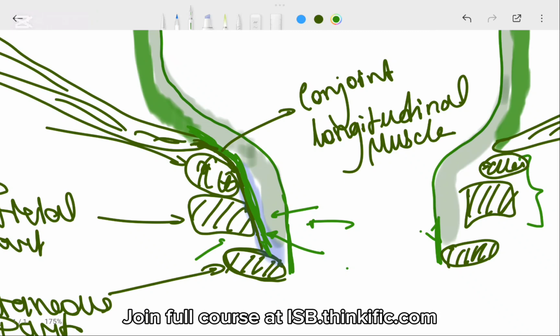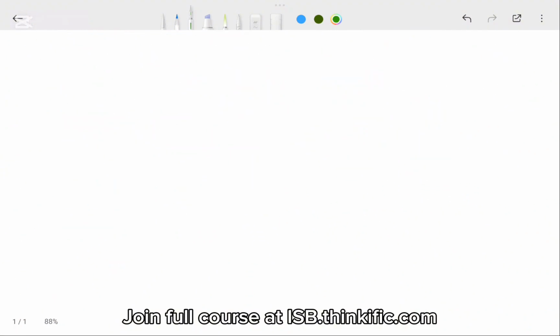Now let's move our attention to anal cushion. What is anal cushion? As the name implies, it's like a cushion. Anal cushion is a sac of connective tissue that contains thin, dilated vascular channels.